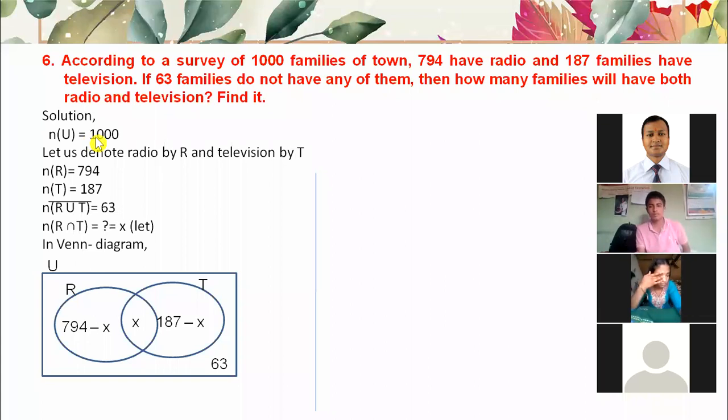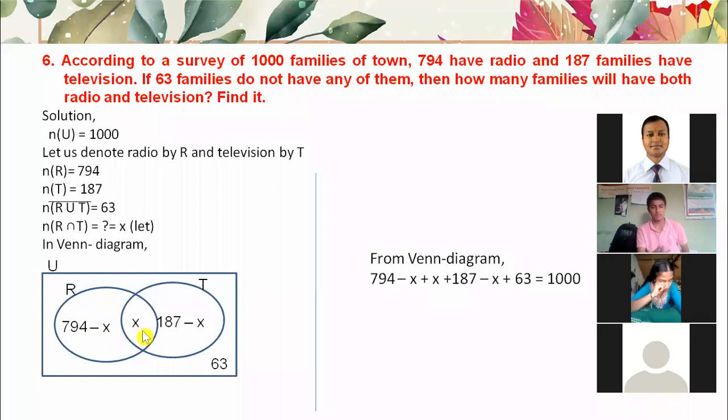If we equate it with 1000, then we get the value of x. So we can write from the Venn diagram that 794 minus x plus x plus 187 minus x plus 63 is equal to total NU, 1000 families.